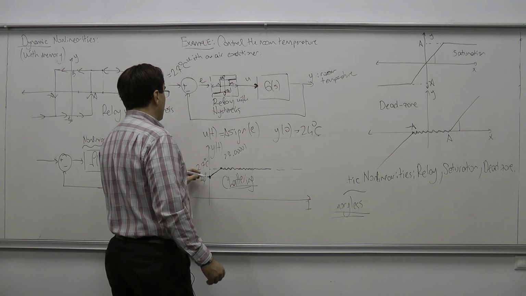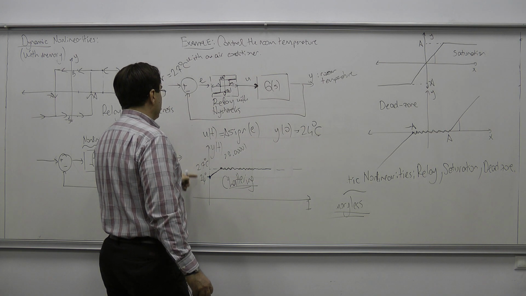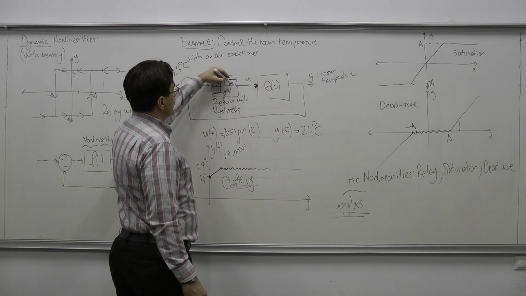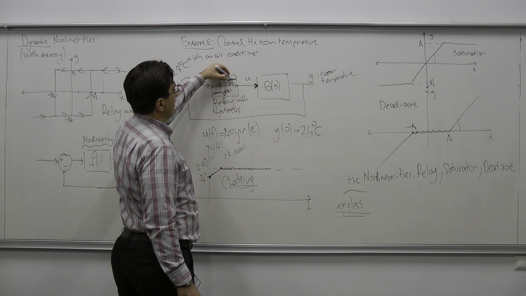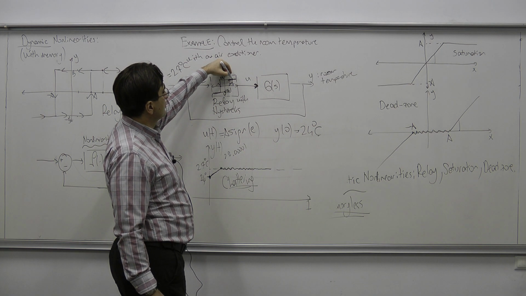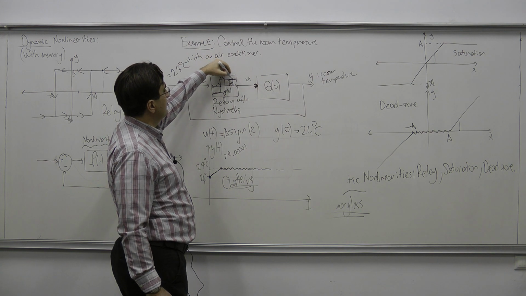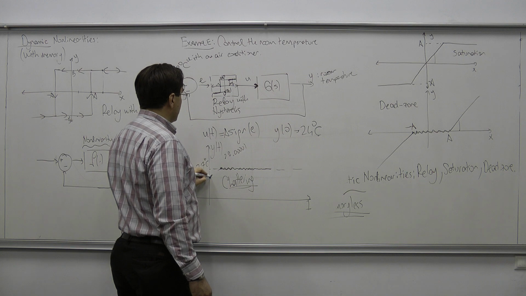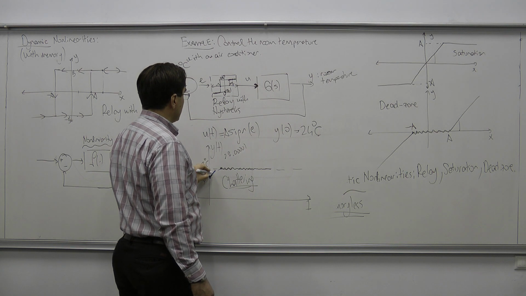But what is going to happen is that, so in this case, what is the error? 27 minus 24, error is 3. So we are outside the hysteresis region, so we are going to start heating. Okay? So we are going to have plus a value, which means start heating. So we're going to start heating here.